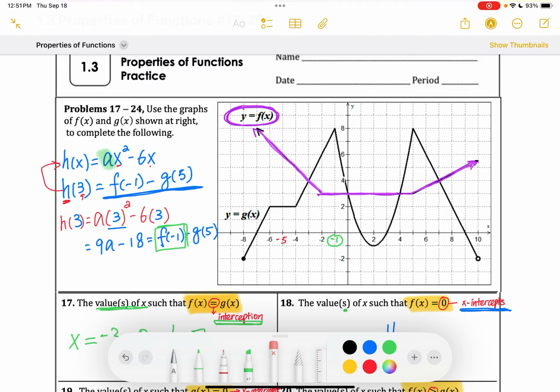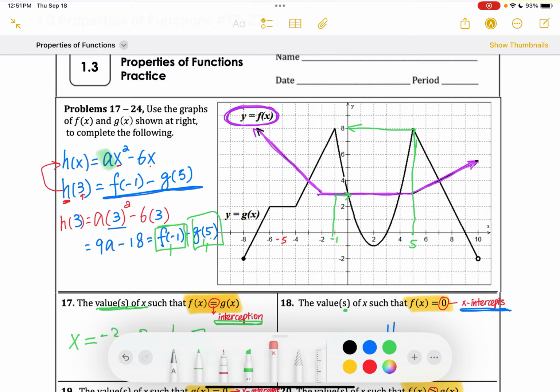So when x equals negative 1, I got the answer, it is 3. So that gives me 3. Continue. When x equals 5, which is right here, but I'm looking for the g function, which will be the black line. So I have to keep the black line until I hit the black line here. What will be my outcome? A. So that gives me this part, it's A. So 3 minus A, I know the answer will be negative 5.